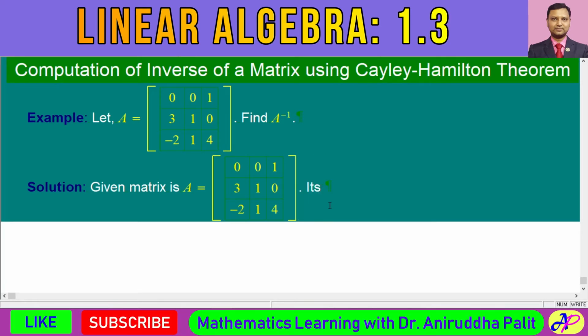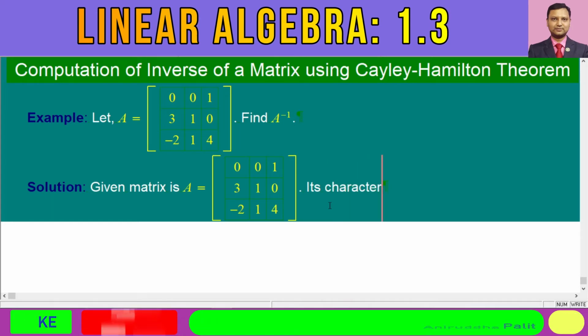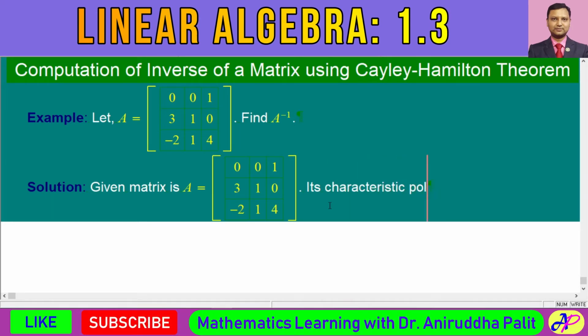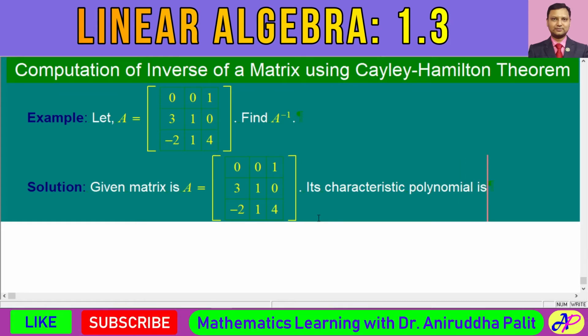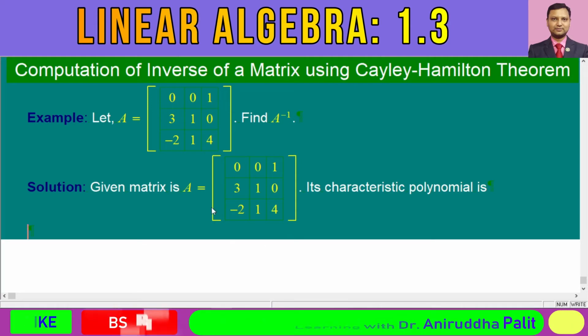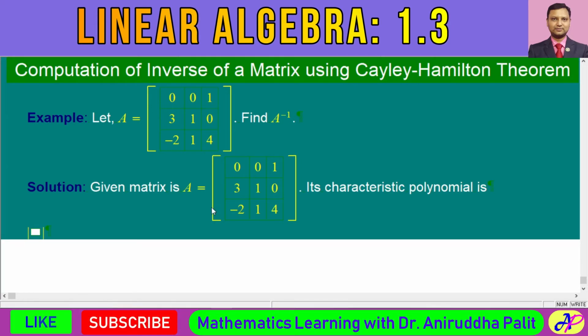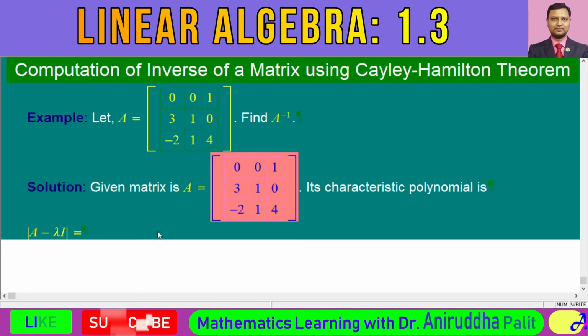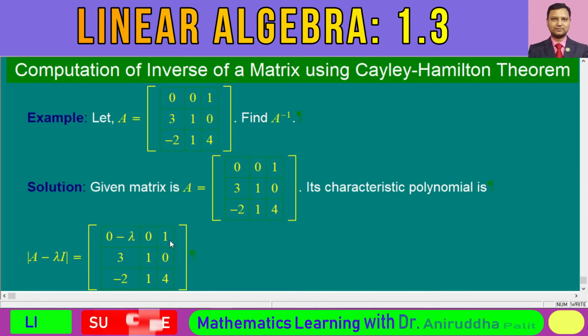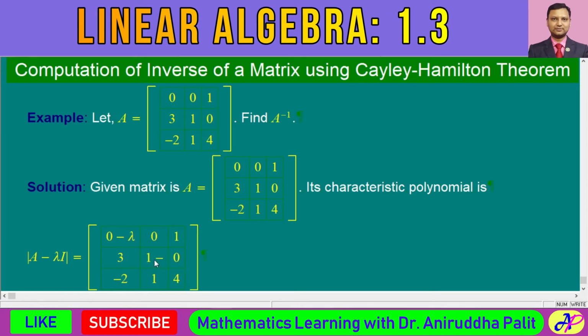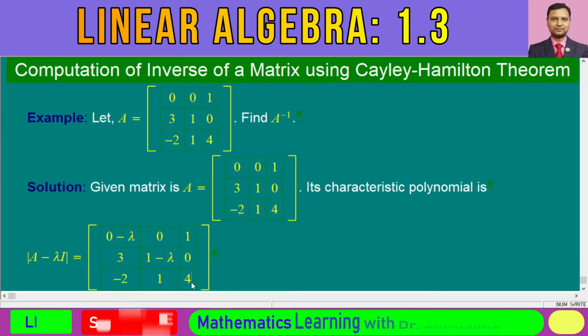Its characteristic polynomial: what would be the characteristic polynomial? That would come from the determinant of A minus lambda into I. So that is actually the determinant of this kind of expression, with minus lambda on the diagonal.